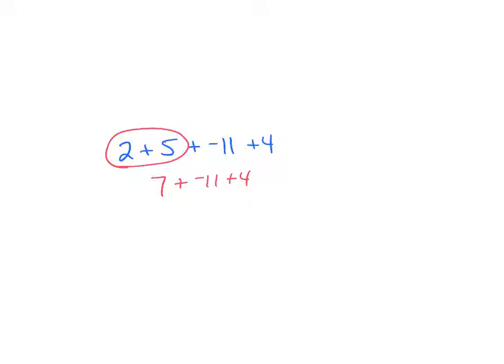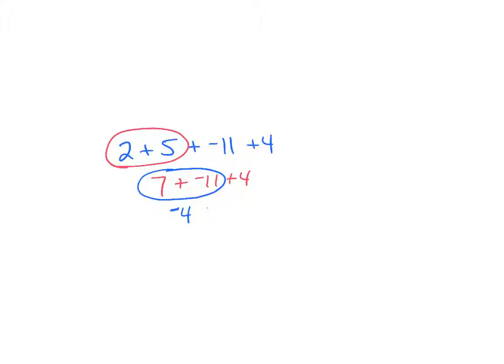Now I'm going to add together the 7 plus the negative 11. Because one is positive and one is negative, I'm going to subtract the absolute value of those two numbers. So that's 11 minus 7, which gives me a 4. And the sign needs to be the one with the greater absolute value, that would be a negative.